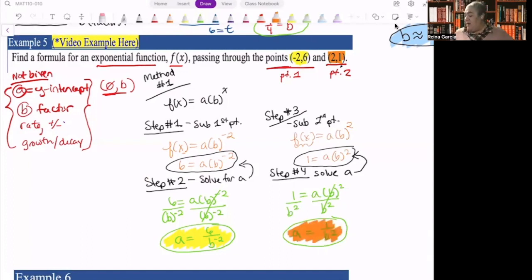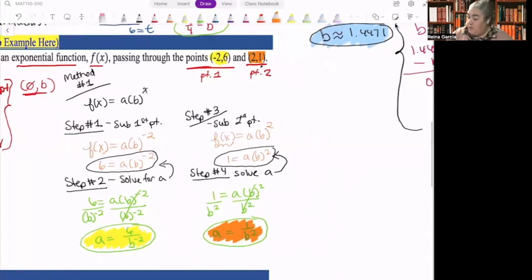So now we have an a equation for point 1, an a equation for point 2, and we're ready to move on to step 5, where we're going to set both a values equal to each other.